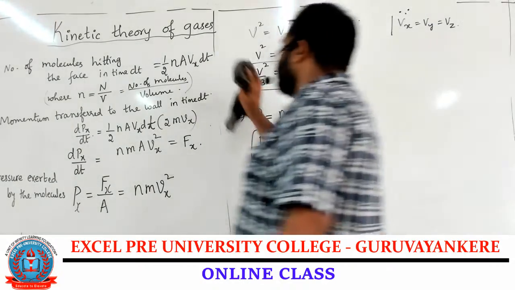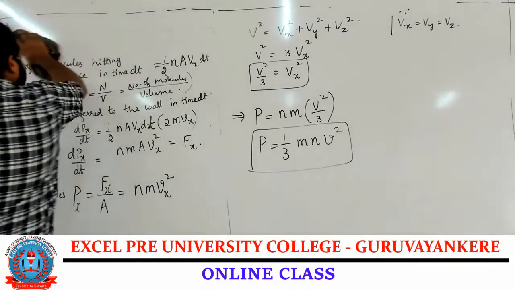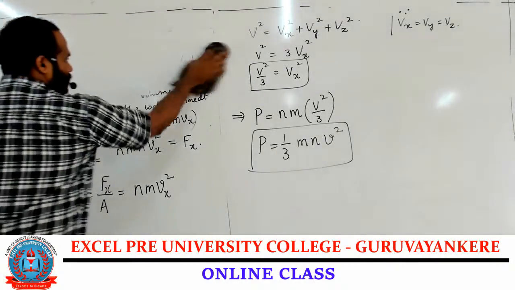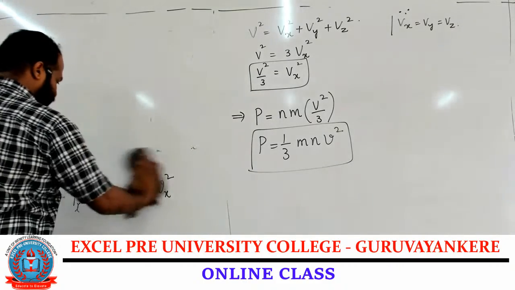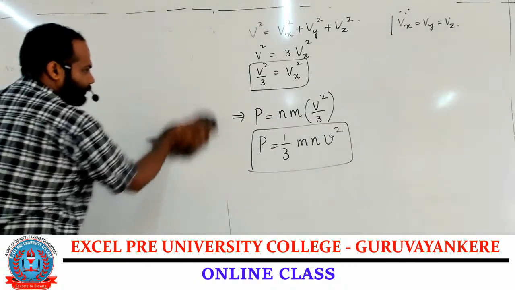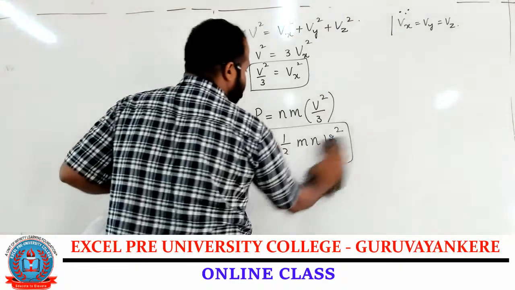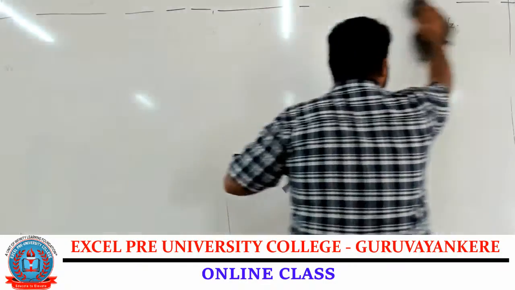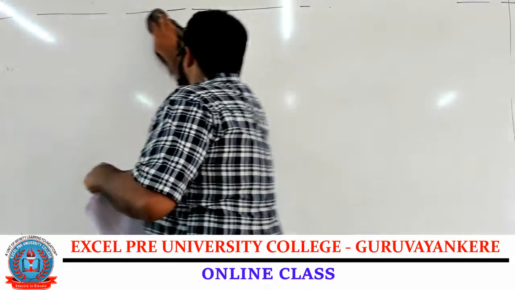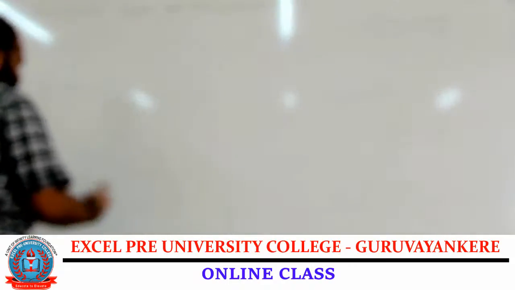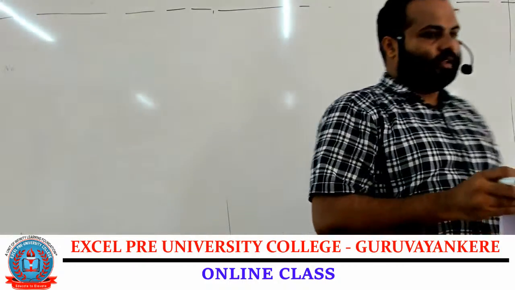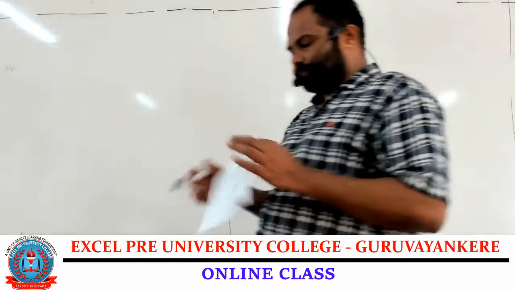If there is opportunity to write a preparatory exam, probably learn this for 5 marks. Otherwise, you remember the formula for competitive exams, where Vx is made V by 3. Okay? V by 3.